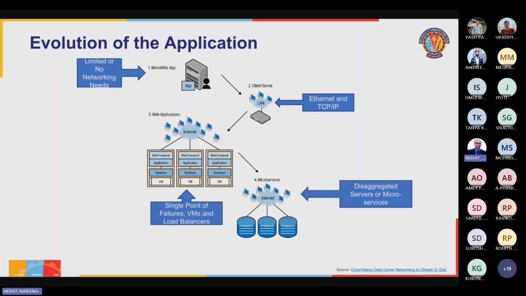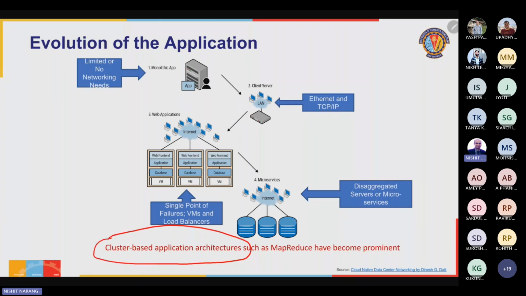Today, when we talk about microservices, we are talking about disaggregated servers sitting across multiple different virtual server machines across a data center. And this requires its own form of networking, which is driven by this more modern disaggregated server or microservice architecture, or what we also commonly know as a cluster-based application architecture.